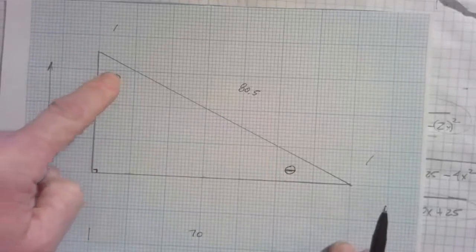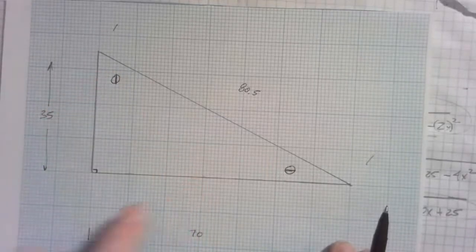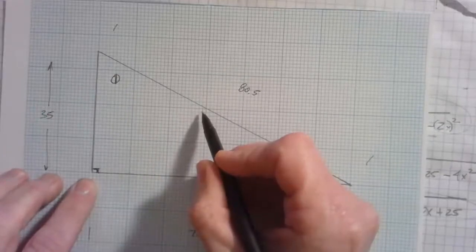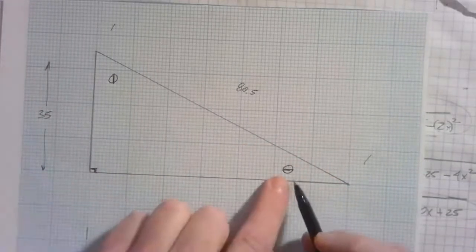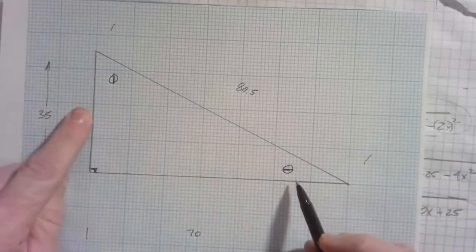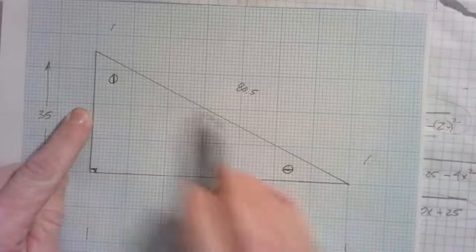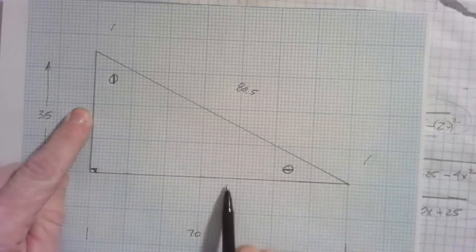If you were standing at the right angle, then the hypotenuse would be the opposite. But depending on where you are, there is always going to be an opposite. There's always going to be a hypotenuse, and that's the same for everybody, the longest one, and an adjacent side.